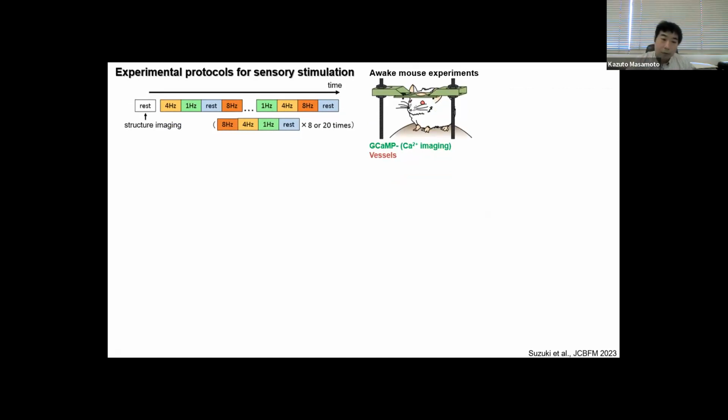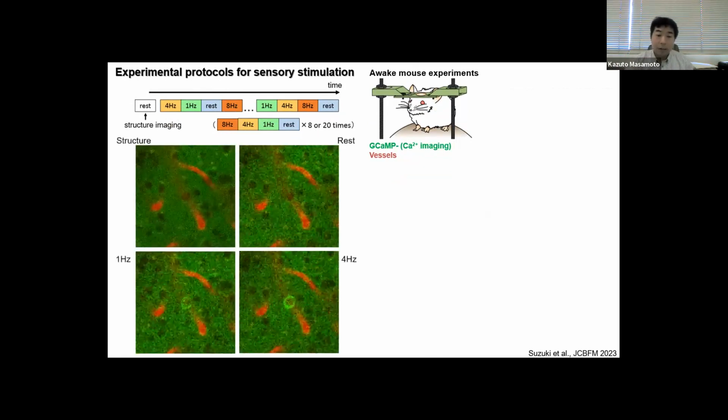To evoke the neurons, we used whisker stimulation, and we repeated different frequencies of the stimulation, including the resting time, more than 80 times. And to measure neurons, we used mice genetically expressing GCaMP calcium sensors in neurons. So here is a representative one-slice image.